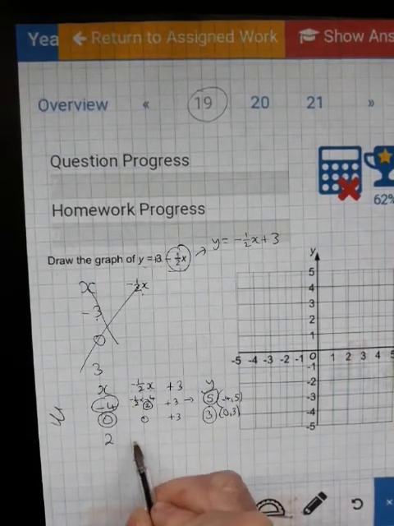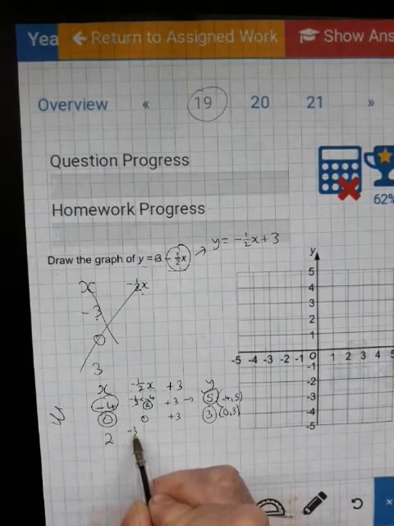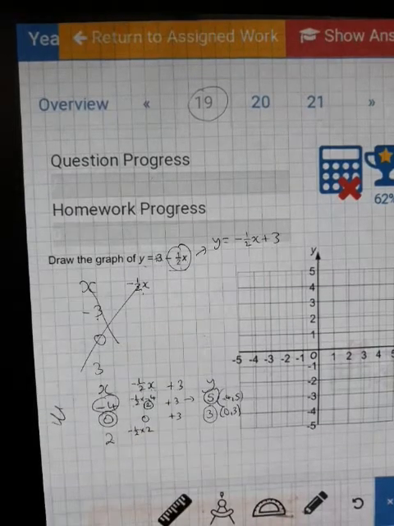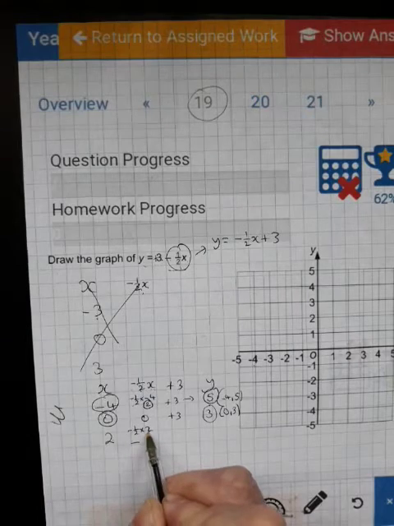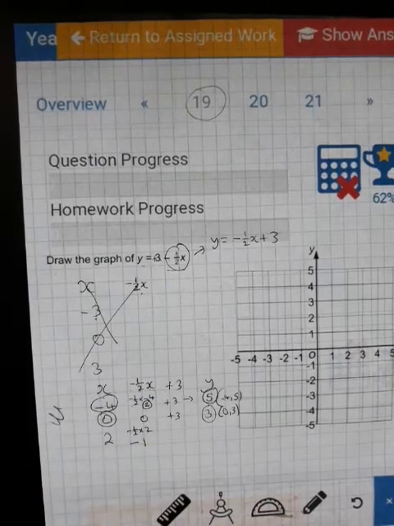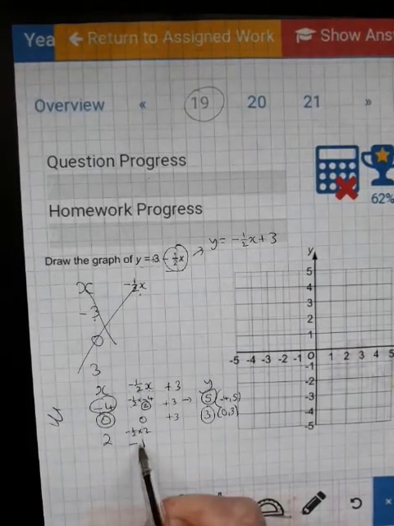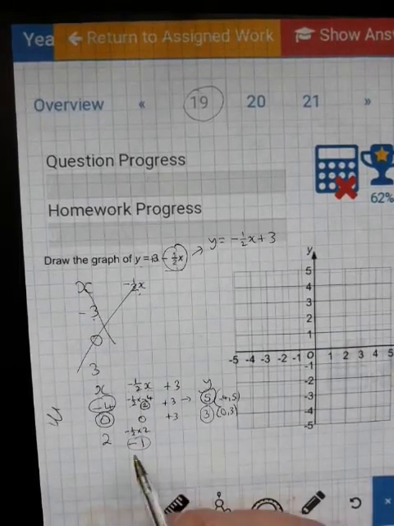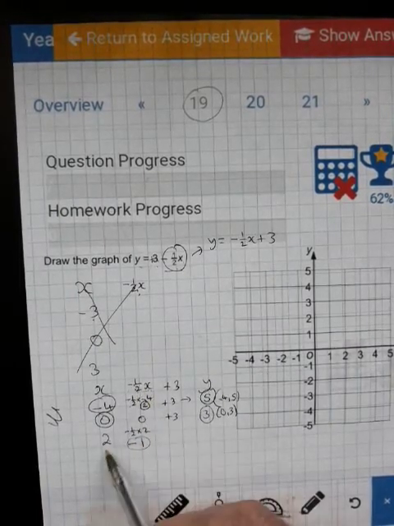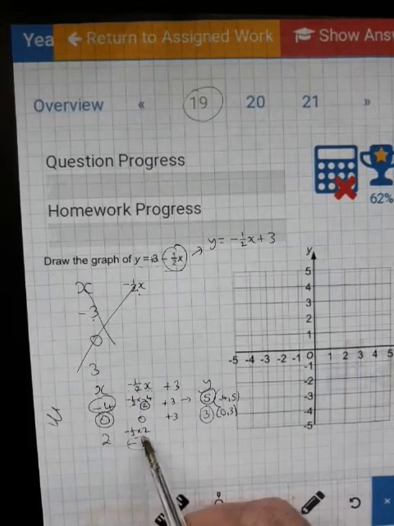A negative half times 2. Let's just do that again. A negative half times 2, that's what we're trying to work out. A negative times a positive is a negative, and half of 2 is 1. So negative 1 we get there. Let me just say that again. Negative a half times my x value. My x value is now 2, so negative half times 2.